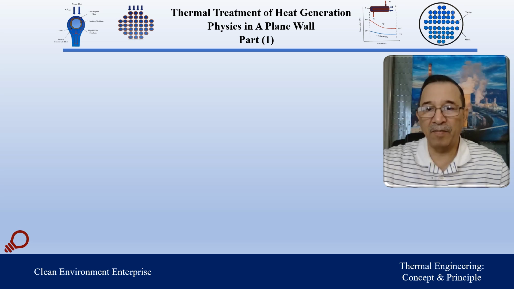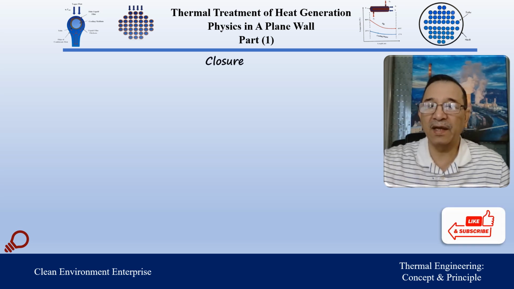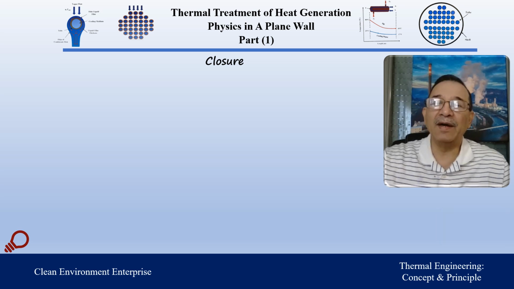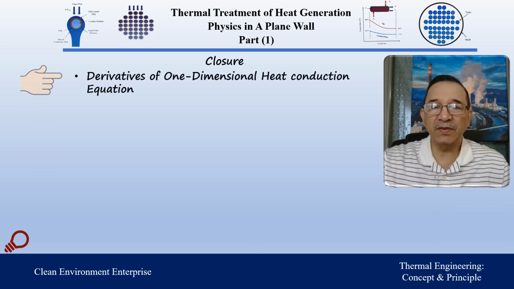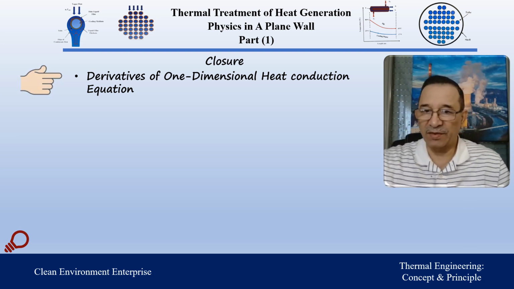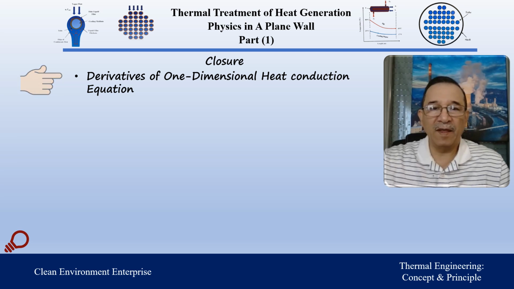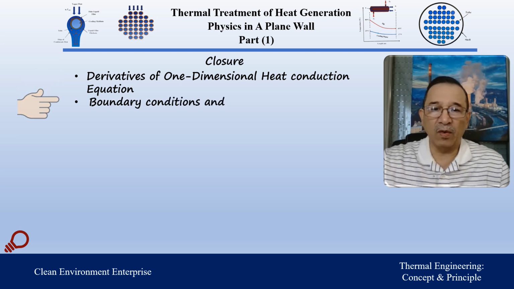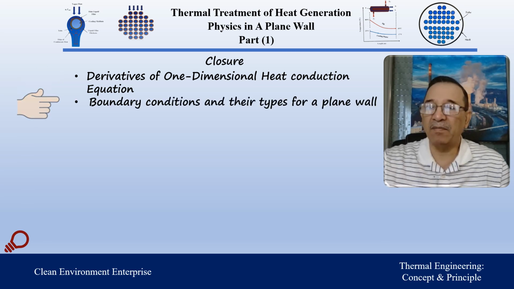The final part of the present video is the closure of the present episode, in which we derived the one-dimensional heat conduction in a plane wall with some of the boundary conditions that are used in industrial applications.